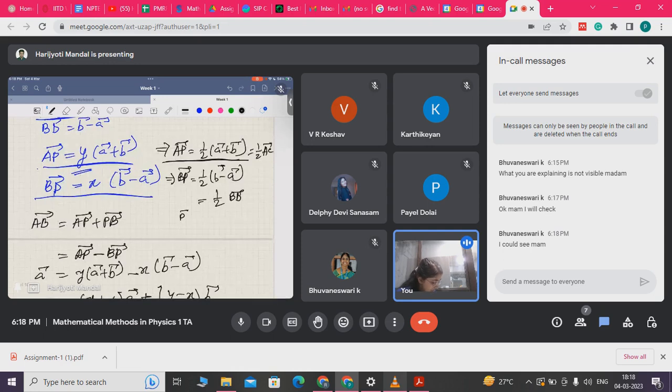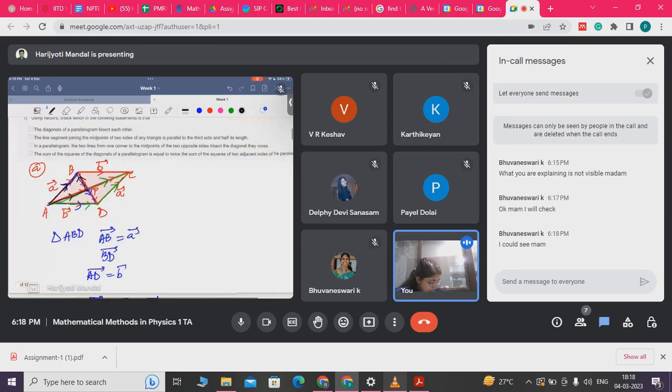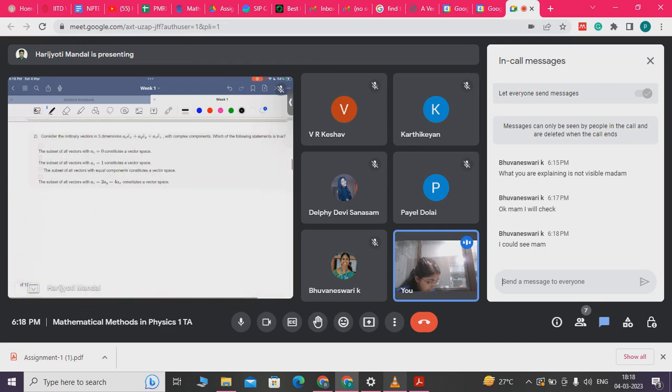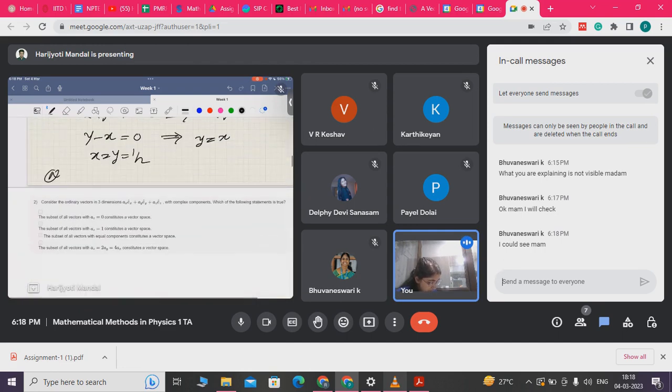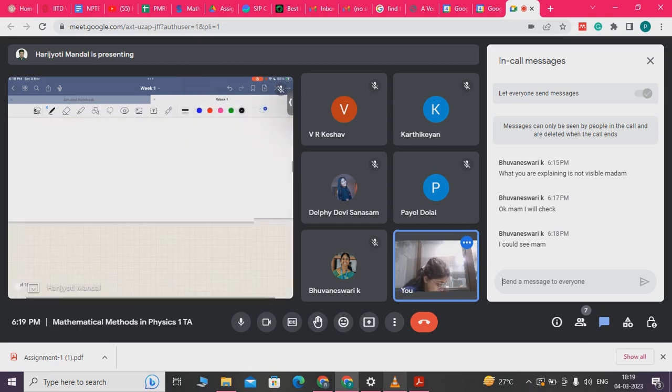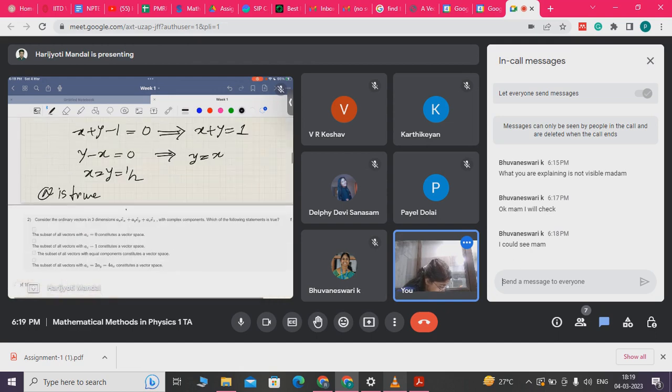So from this we can say that P is the midpoint of AC and BD also. So P is the midpoint of both diagonals. So we can say that A is true, which is all we know, that A has to be true.